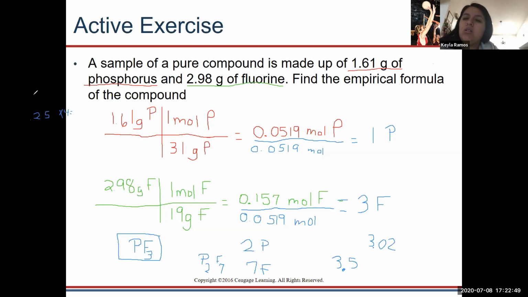If I have 0.2, what do I multiply 0.2 by to give me 1? 5. If I have 0.33, what do I multiply that by to give me 1? Really, really close to 1. 3.